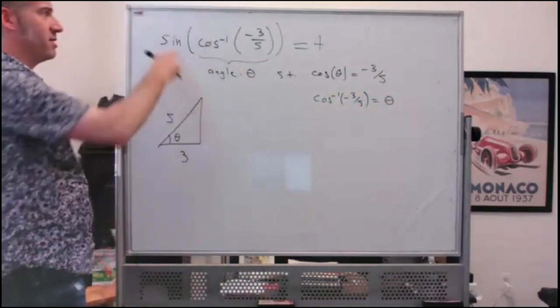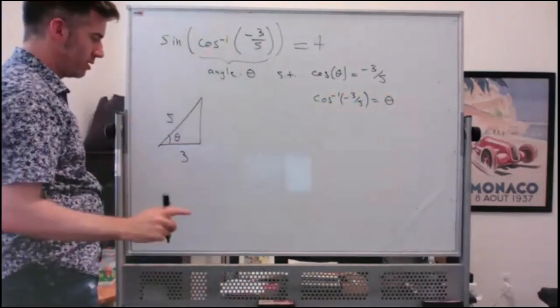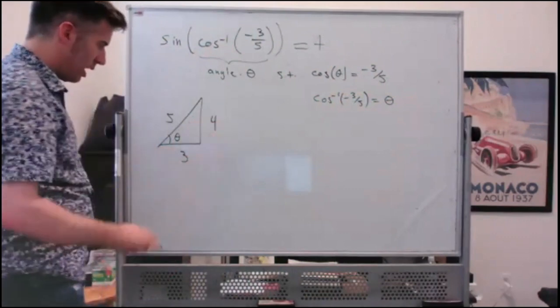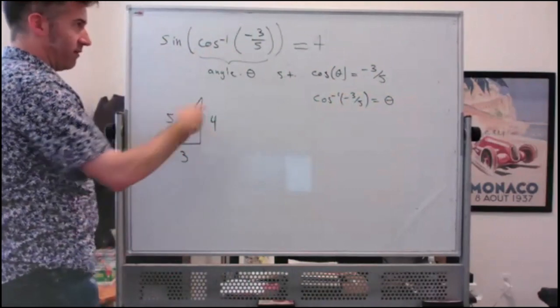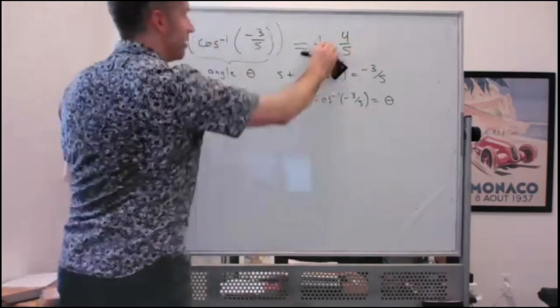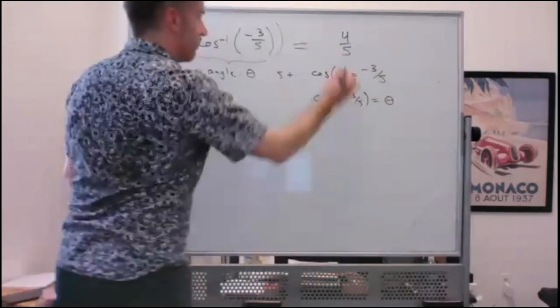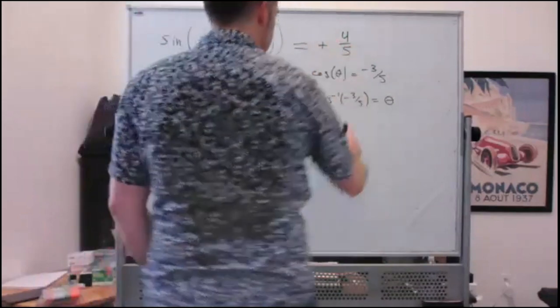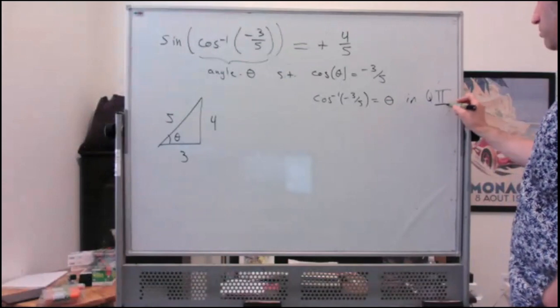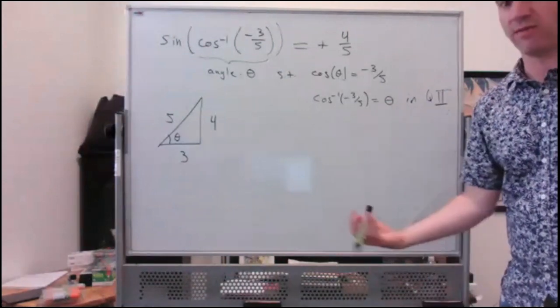And we're trying to find sine of this angle. So find the third side, it's clearly 4. And then sine of that angle is 4/5. And we know it's positive because inverse cosine of negative 3/5 is in quadrant 2, because that's where inverse cosine of negative things live.